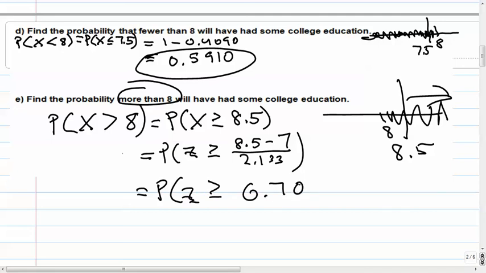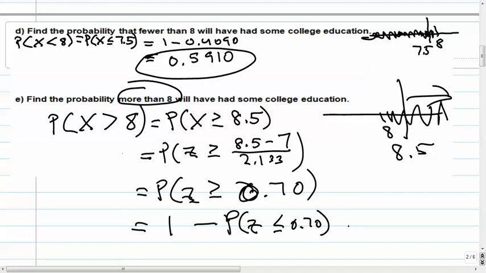The table only goes out to 2 decimal places, so I'll just leave it at 0.7. Once again, the table works in the opposite direction, so this is going to be 1 minus the probability of being less than or equal to 0.7. When you do the math and look this up in the table, you come out with 0.2420. So here's the solution to E.